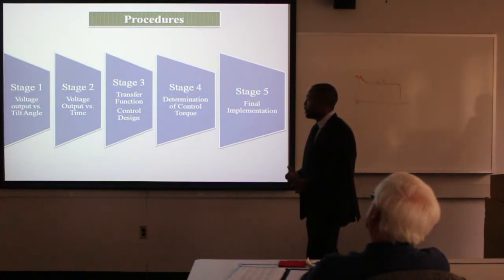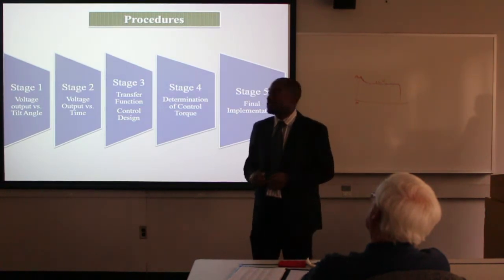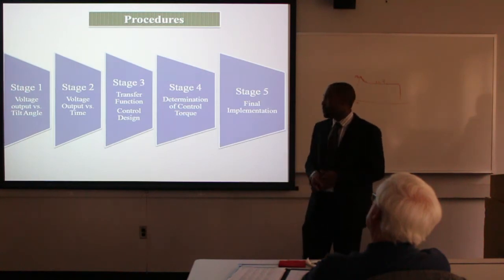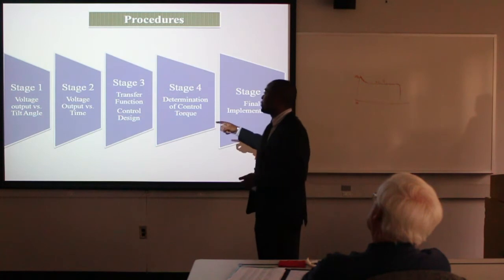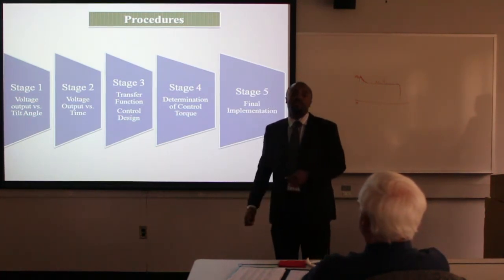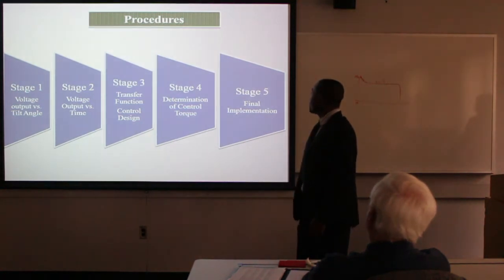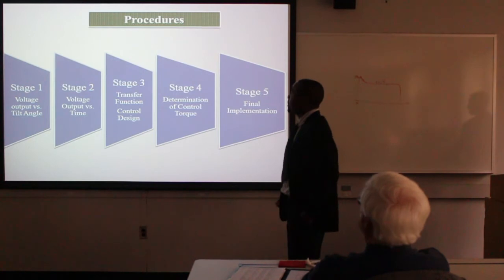To get the model, we get the output of the system based on the tilt angle of 30 degrees. We measure the time required to get the system stable, without the gyroscope, and then we obtain the transfer function. From the transfer function, we work back to get the torque and the speed of the motor required to get the system back to equilibrium. And finally, we get our prototype running, as we will see at the end of the presentation.